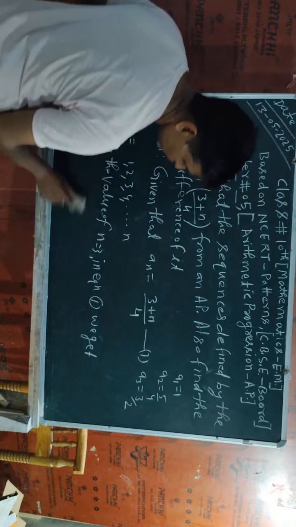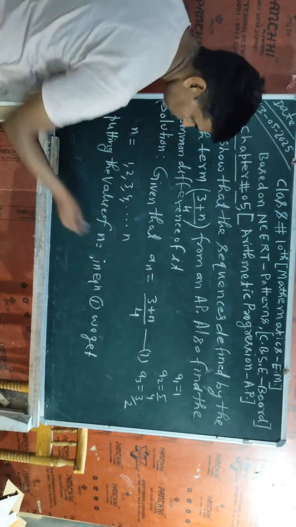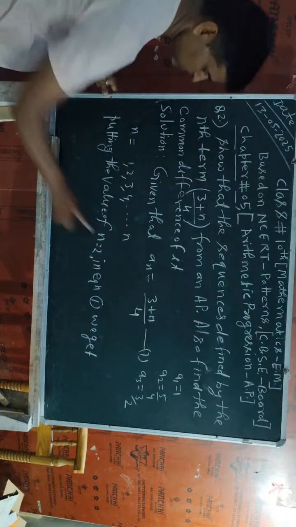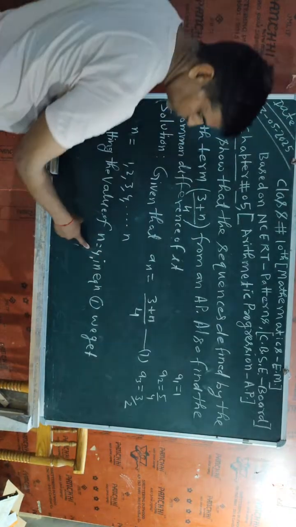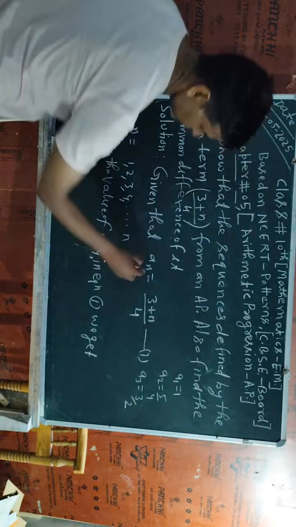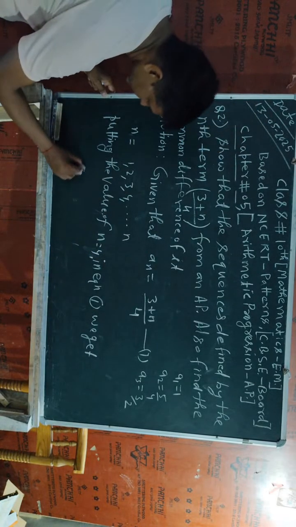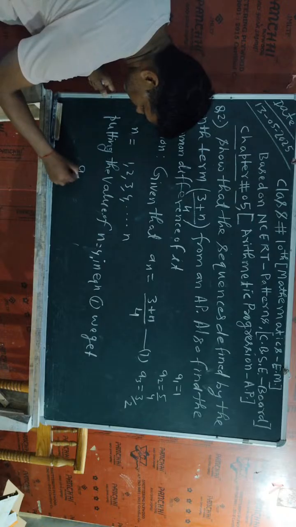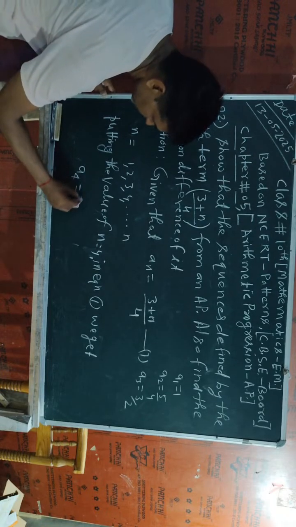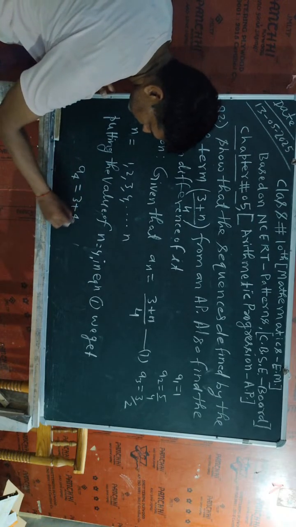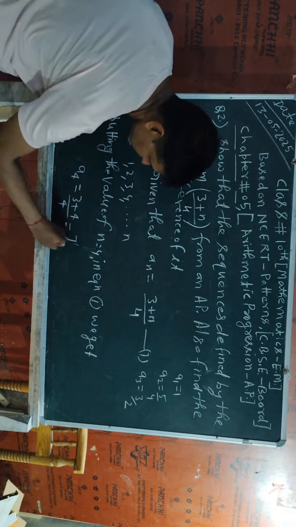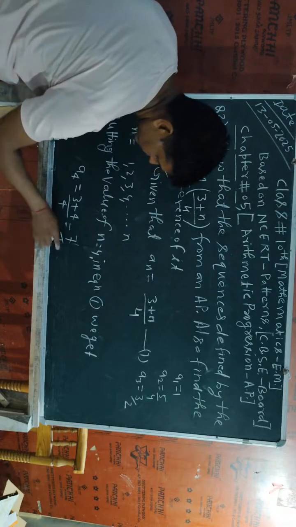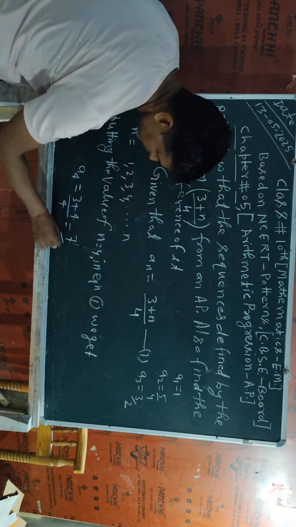Okay students, further I have to write one statement putting the value of n equal to 4 in equation number 1, and then we get, in place of n, 4. Then I will simplify (3 plus 4) divided by 4, which is 7 divided by 4.